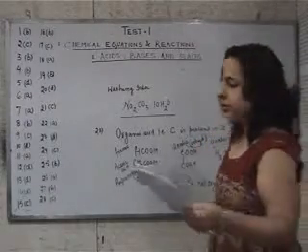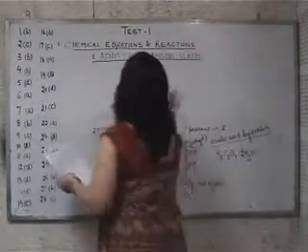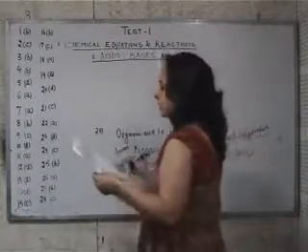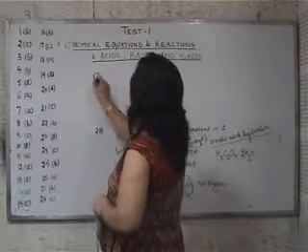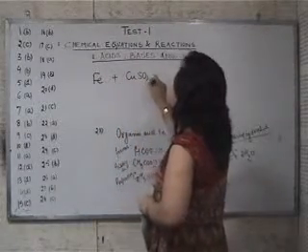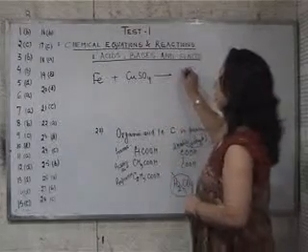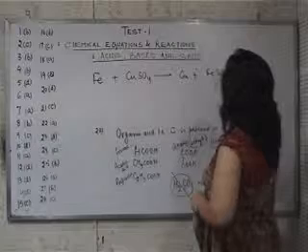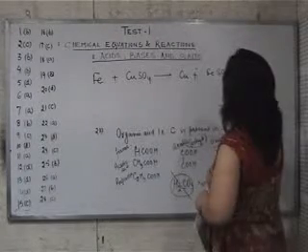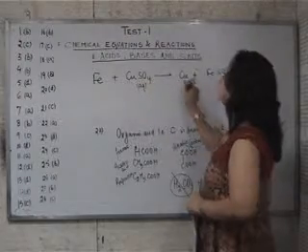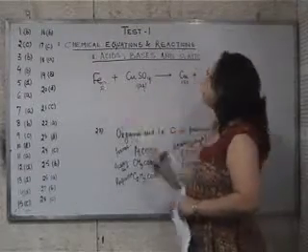Question number 29: when an iron nail is put into copper sulfate, we get formation of copper plus ferrous sulfate aqueous. Copper is solid, iron is solid.